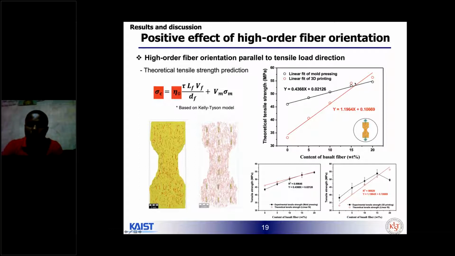This is because the 3D printed composite has high-order fiber orientation compared to the tensile load direction. This induces a high level of shear stress between fiber and matrix during tensile loading, resulting in effective improvement in strength, because this stress can develop into plus stress, which represents a fiber strengthening mechanism.